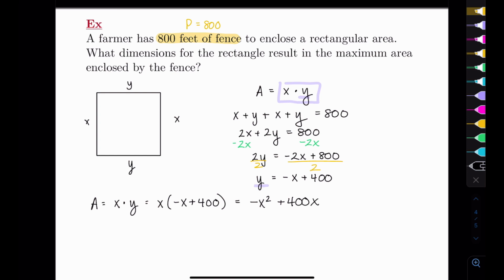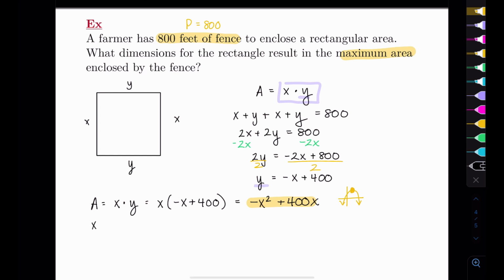And this now gives us our area as a quadratic. Our goal is to maximize the area, so I want to find the maximum of this parabola. It's got a negative value of a, so it's a parabola that opens downward. So I'm trying to find the max area. I want the y coordinate of the vertex to find the maximum area.